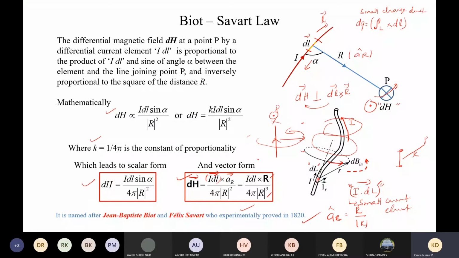But the direction of the magnetic field will be perpendicular to the current, as well as to the line joining the point to the current vector itself. That is a very interesting property. You can easily say that the field will be just around the current. But the question is how we can say whether it is heading towards the reference plane or out of the reference plane. So how do we describe that?